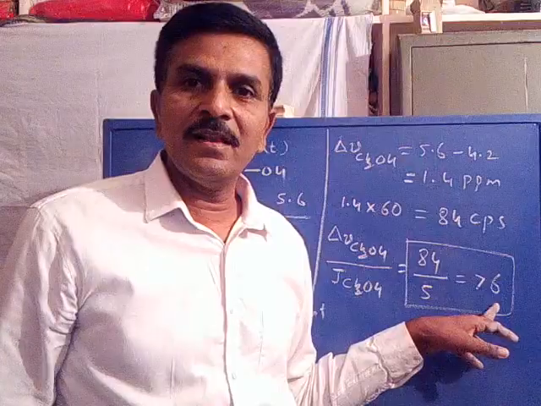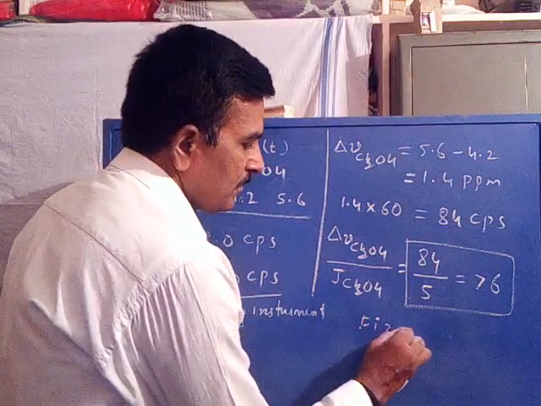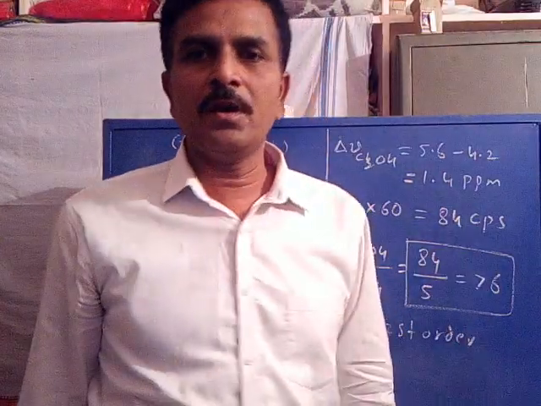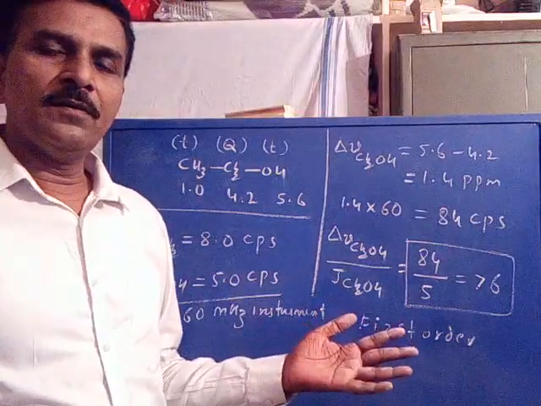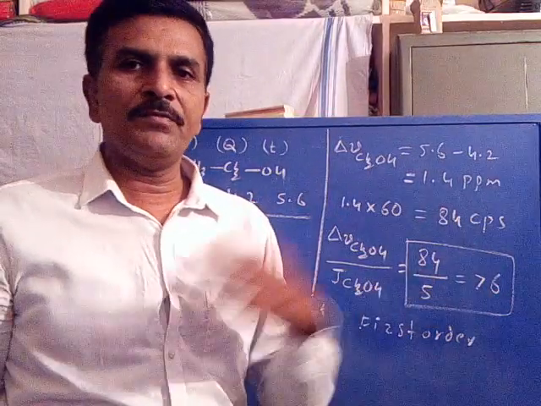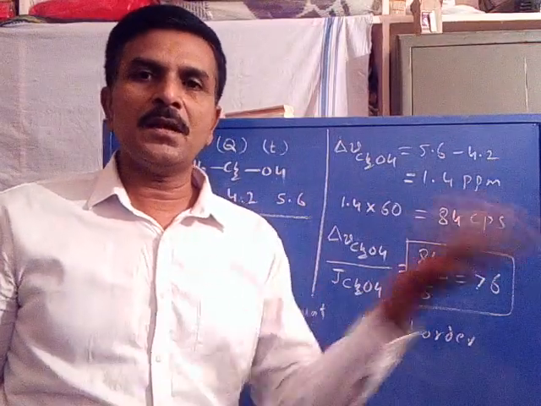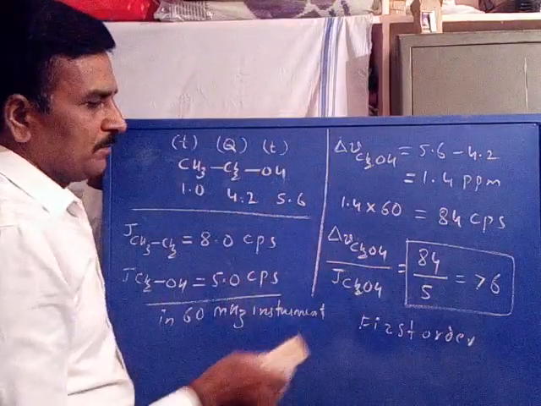When the value is greater than 6, what happens? It becomes first order. Is it clear? So in this way we should calculate for a first order spectrum. For second order there is another principle: if delta nu divided by J is less than 6, that comes under second order. Now its spectrum.